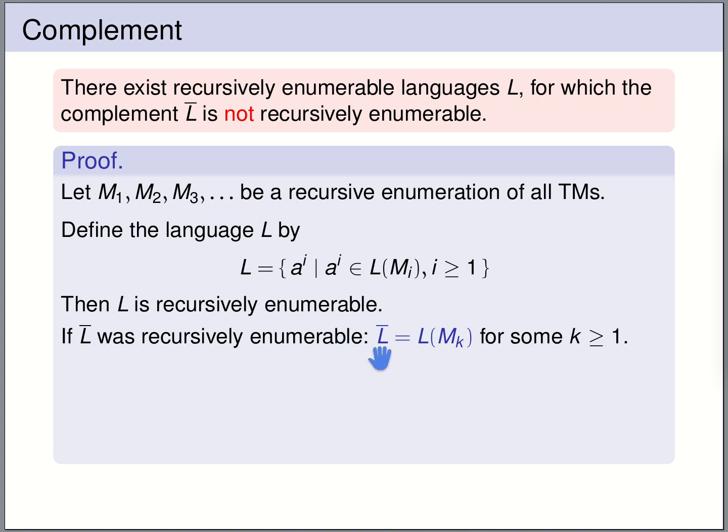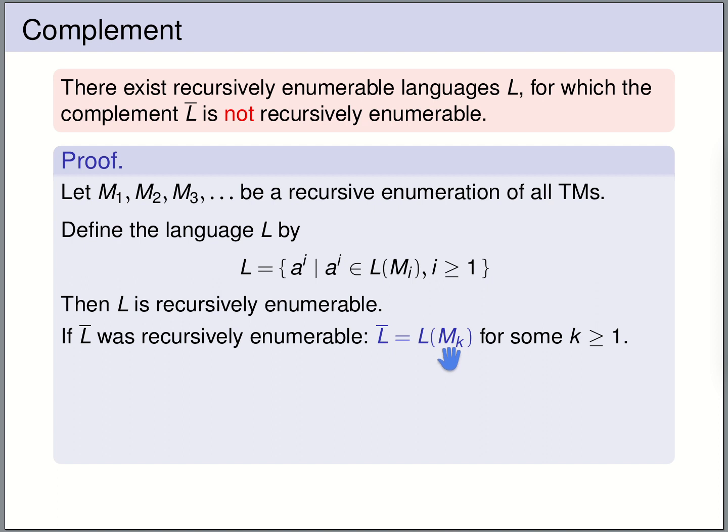Because if the complement is recursively enumerable, it is accepted by a deterministic Turing machine. We have an enumeration of all deterministic Turing machines. So this deterministic Turing machine must appear somewhere in this enumeration. Let's say it's the machine Mk. So the complement of L is the language of the machine Mk for some k.